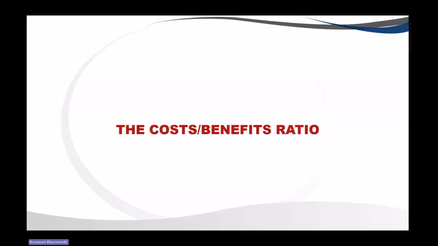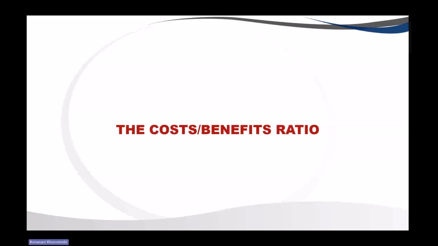So colleagues, I'm going to continue. We're looking at the cost and benefits ratio of ethics. The cost benefits ratio is a fundamental concept expressing the primary ethical dilemma in social research.